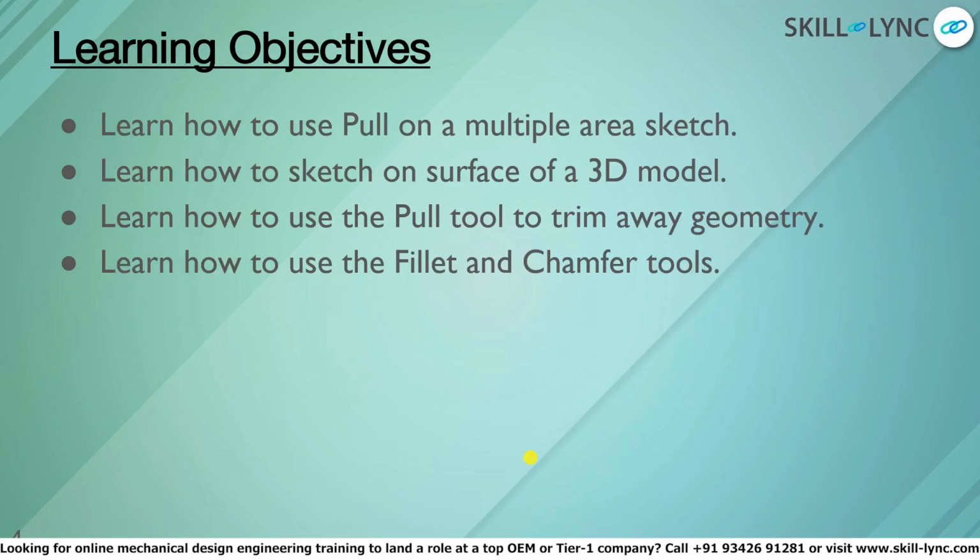The learning objectives for this week are learning how to use the pull tool on a multiple area sketch, learning how to sketch on the surface of a 3D model to create some reference geometry, learning how to use the pull tool to subtract data from 3D geometry or to cut away parts or sections of 3D geometry, and also learning how to use the fillet and chamfer tools on 3D models.